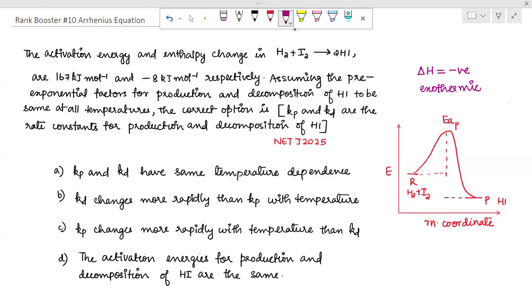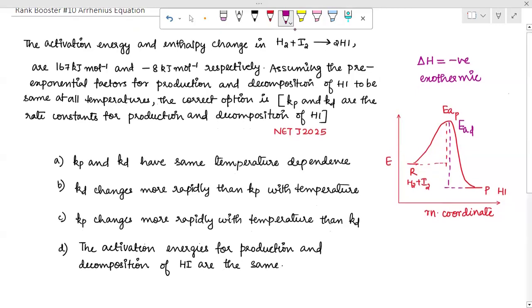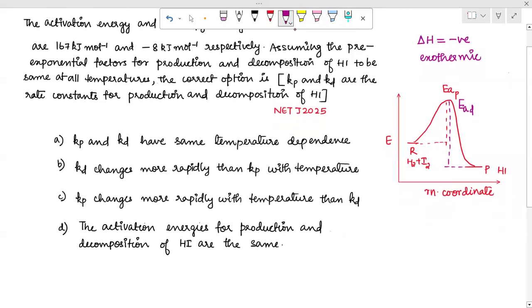From here, if HI decomposes to H2 and I2, this much will be the activation energy corresponding to the decomposition. Okay, so P stands for production and D stands for decomposition. So it is clearly seen that the activation energy required for the decomposition of HI is greater than the activation energy for the production of HI.